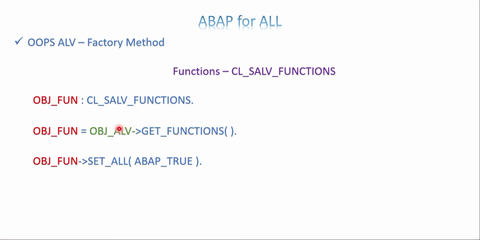Once you get the reference, you call a method called set_all with ABAP_TRUE. You can give just X or ABAP_TRUE, whatever it is. Basically, you need an X value for that method as a parameter. Once you're done, all the buttons are enabled for your ALV. So this is the class for that, and this is the method.